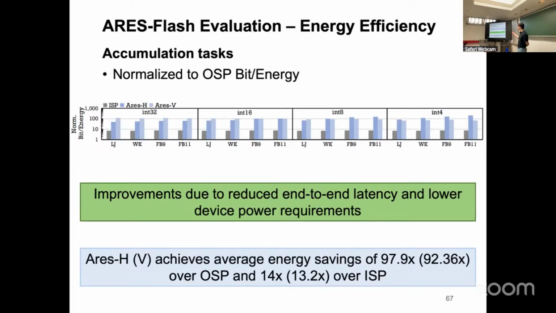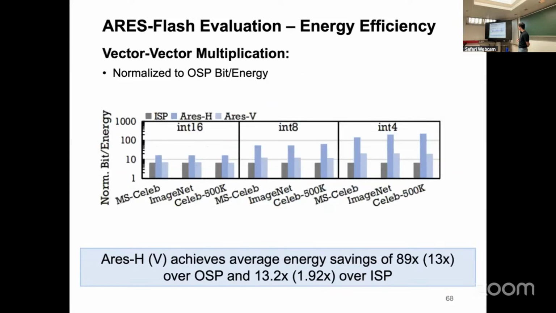And these improvements are due to the reduced end-to-end latency and lower device power requirements of Ares Flash. And for the vector-vector multiplication, we see for RSH, again, a similar picture. However, for RSV, well, it's worse because also the performance is worse, so it just makes sense.